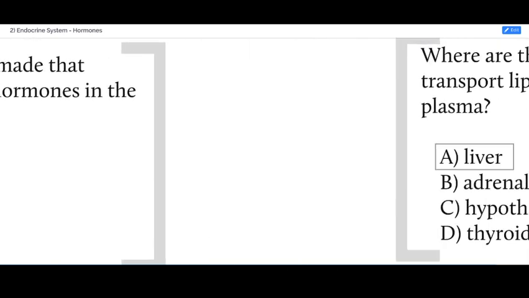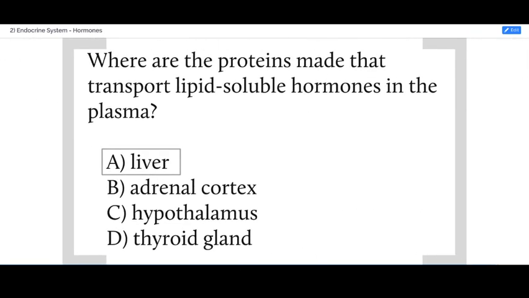The answer is the liver. Albumin is the main transport protein that we find, and it is certainly made in the liver. But then also the special transport proteins that are used by the thyroid hormones are also made in the liver.